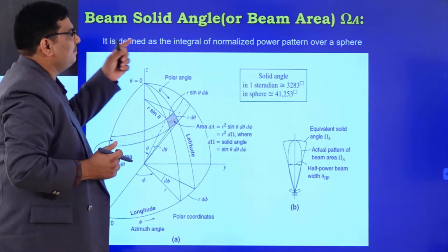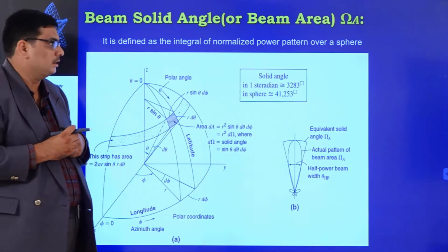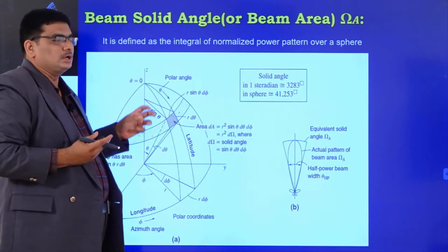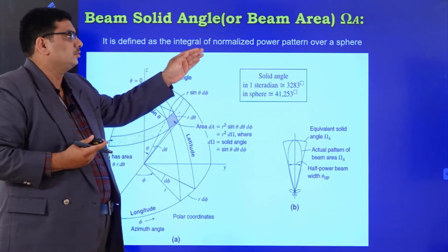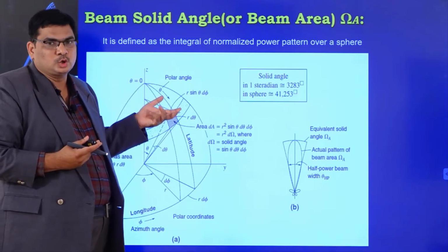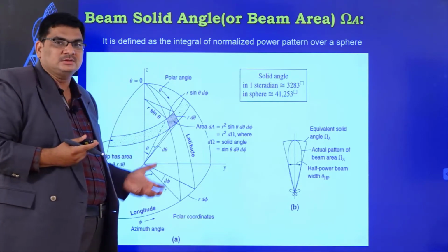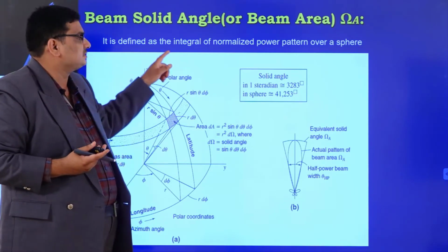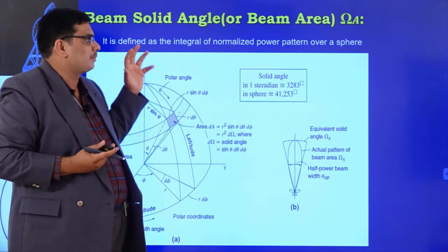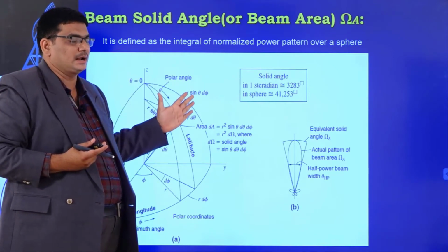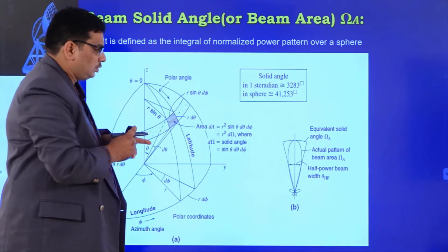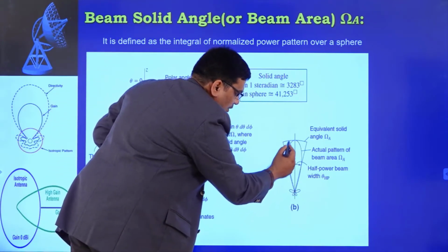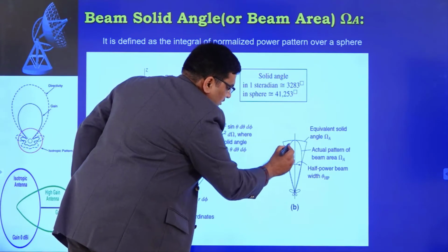Next, beam area or beam solid angle. It is defined as the integral of the normalized power pattern over a sphere. We know that for a sphere it requires 4 pi steradians. So, this is a power pattern, this is our main beam.